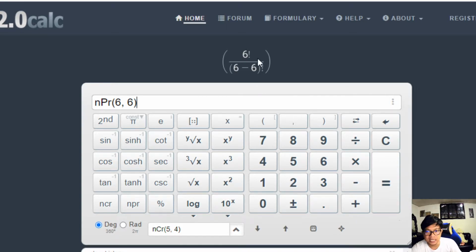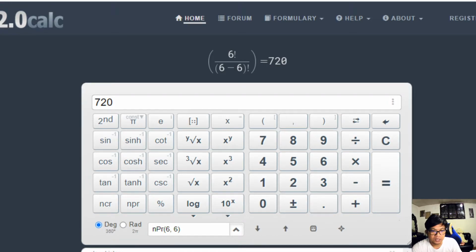As you can see, ito yung sa formula, right? Yung n natin is 6. This is n minus r. So, let's solve. The answer here is 720. Okay? So, the answer here is 720.